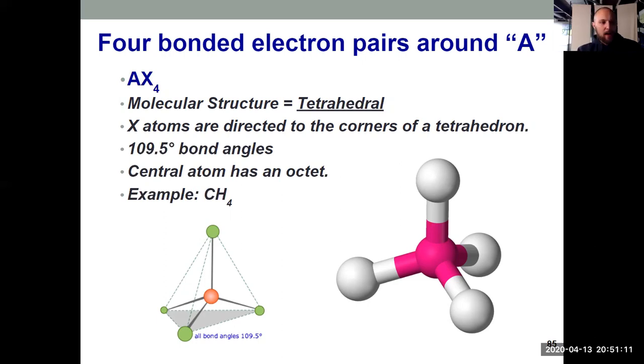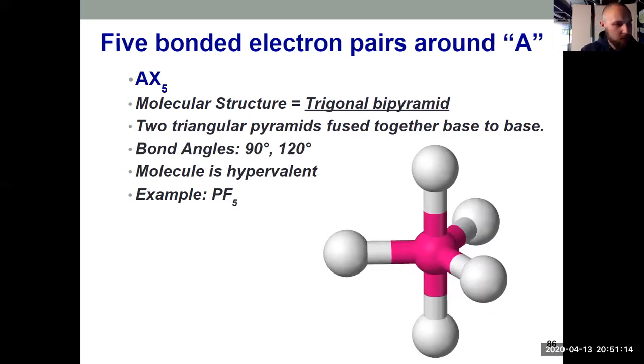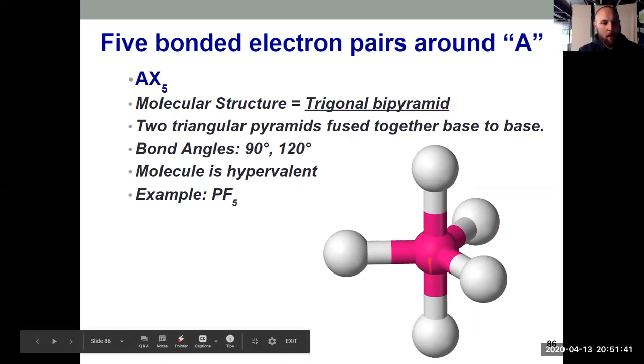What about for five? Because we described in the previous video, these are possible. Five bonds mean we've exceeded the octet, but there are things that are hypervalent, right? Phosphorus is an example here. AX5 is called trigonal bipyramid or trigonal bipyramidal because it's describing two triangular pyramids fused together base to base, where these three make up the base, and we have a triangle pointing up and a triangle pointing down.